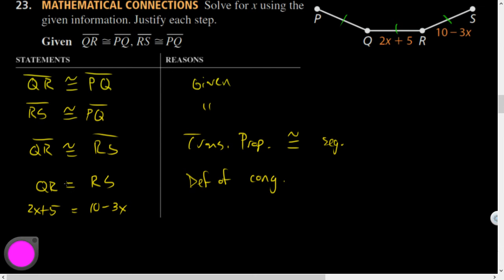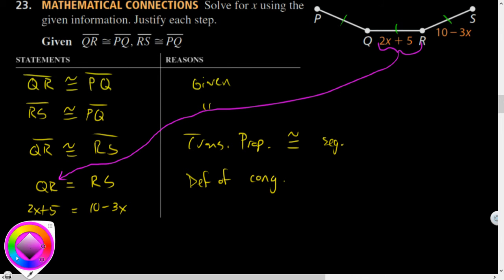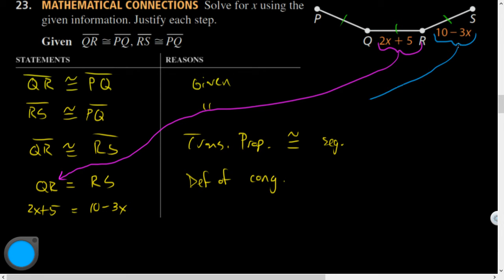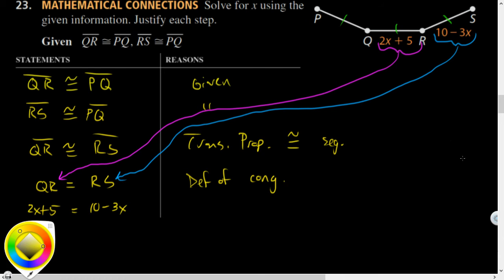Does anyone know how I could go from this one to this one? Yeah, I'm technically substituting is what's happening there. These were values that represented those measures, and so I'm substituting those values in for those measures. And now it's just going to be algebra, friends.